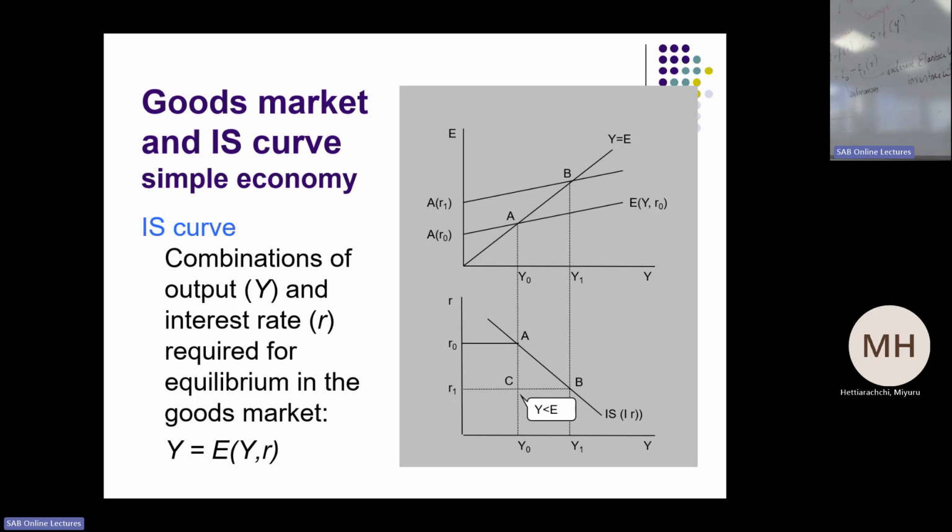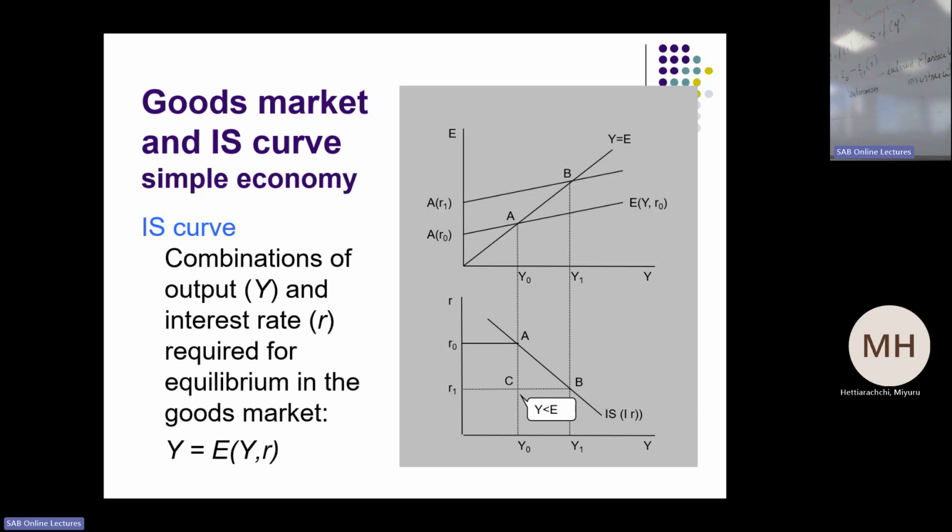Now if you take point C, it is below the IS curve. What happens? There is excess demand, a greater demand than supply.